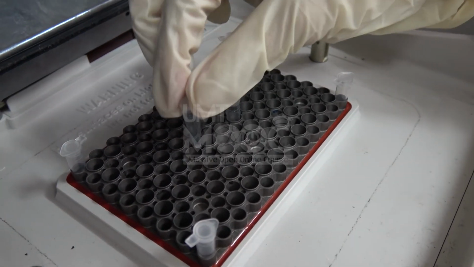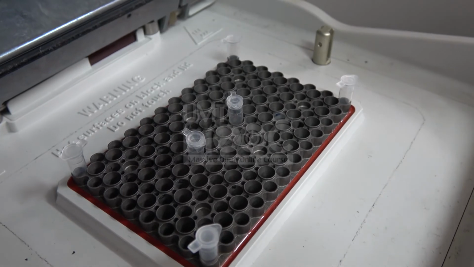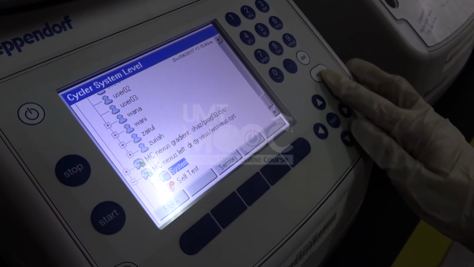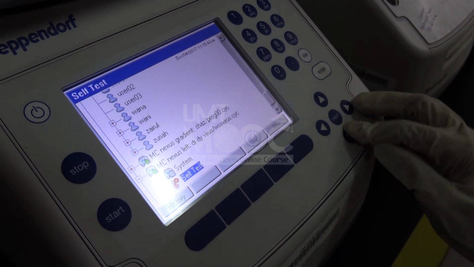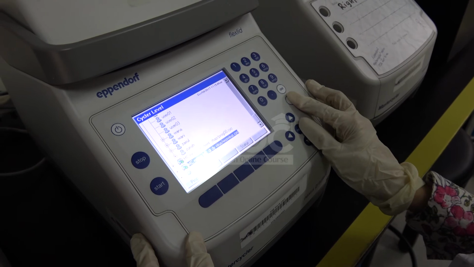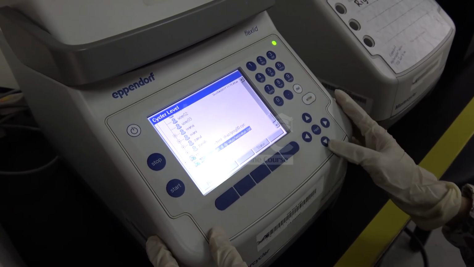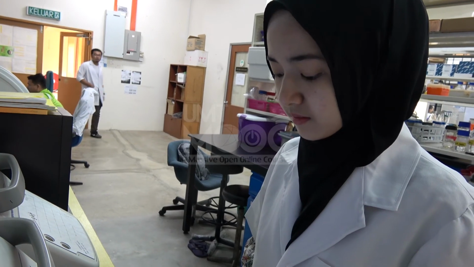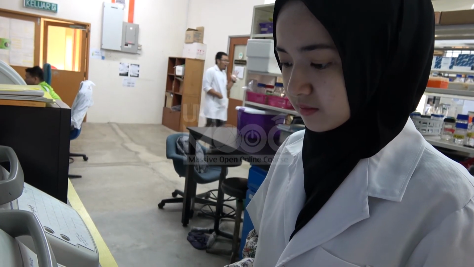Current tests are between 80 to 90% sensitive and more than 95% specific. In the process of PCR, a polymerase enzyme and thermal cycler machine are needed in order to produce multiple copies of viral DNA.